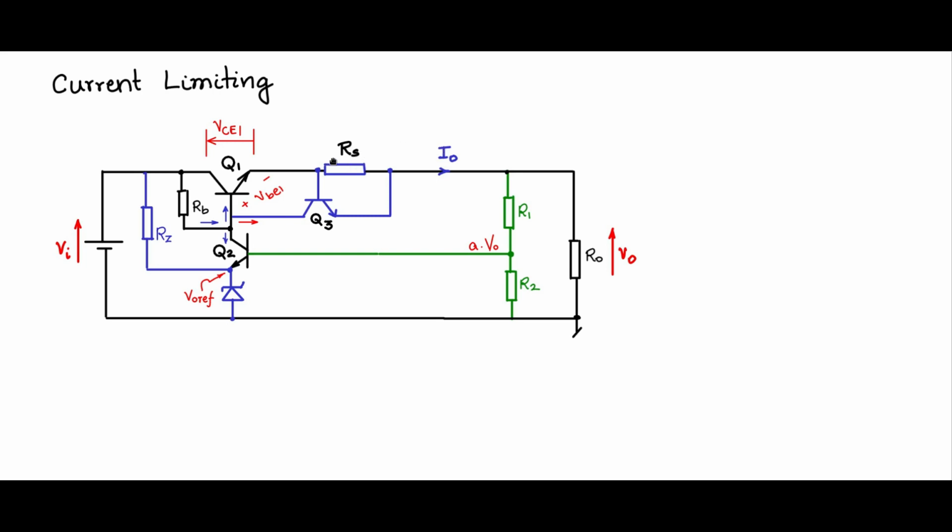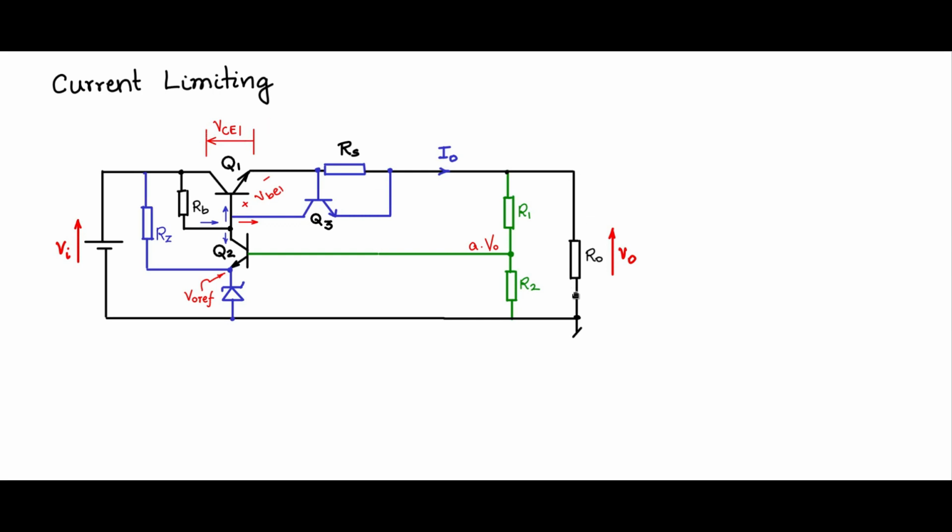Once it crosses 0.7 at the I0 rated value flowing through this, the transistor will be almost reaching the saturation stage, and it will be drawing a large amount of current, reducing the base drive here and thereby making this more towards the off region, and it will be withstanding more and more voltage.